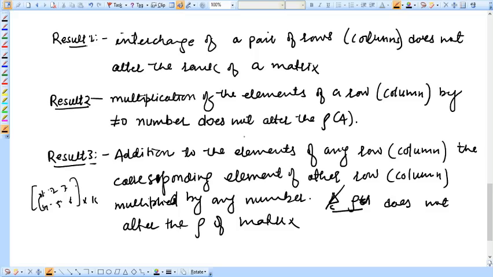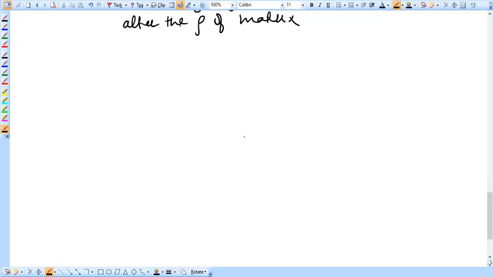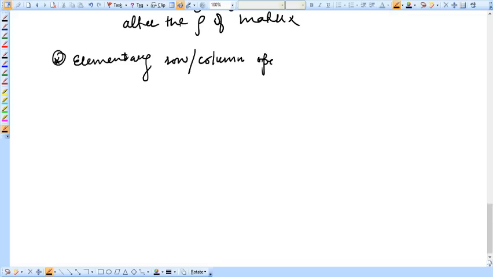Therefore we conclude from these three results that elementary row or column operations do not alter the rank of the matrix, right?